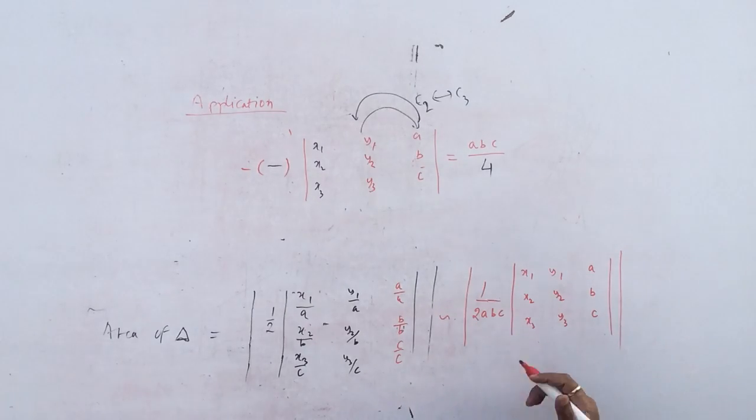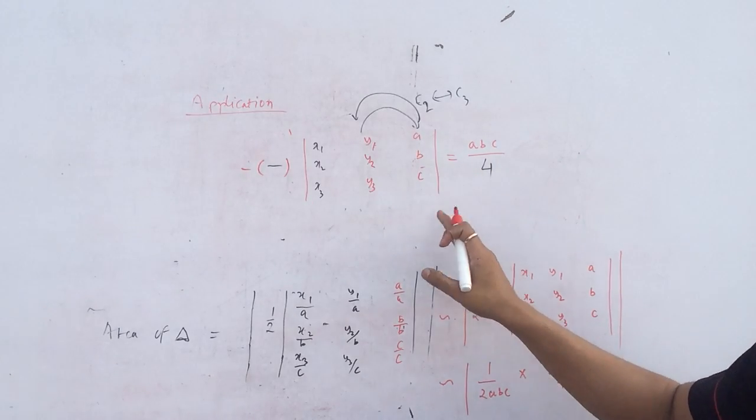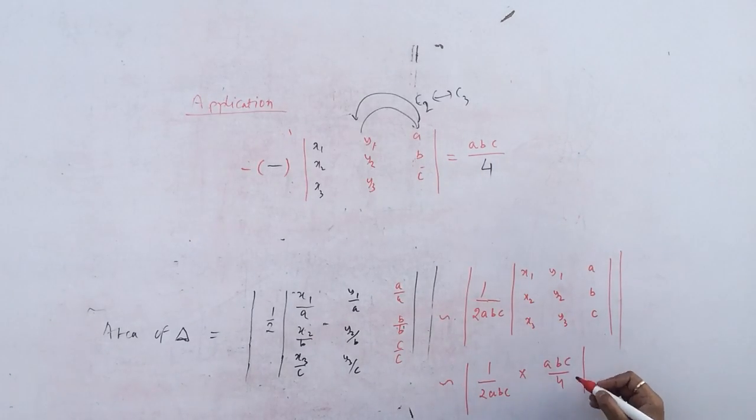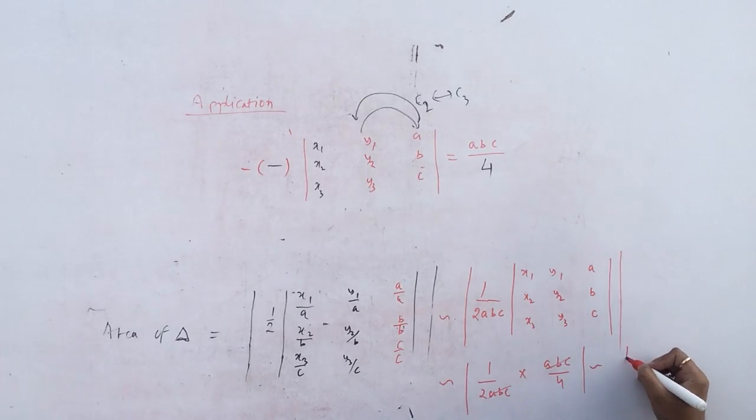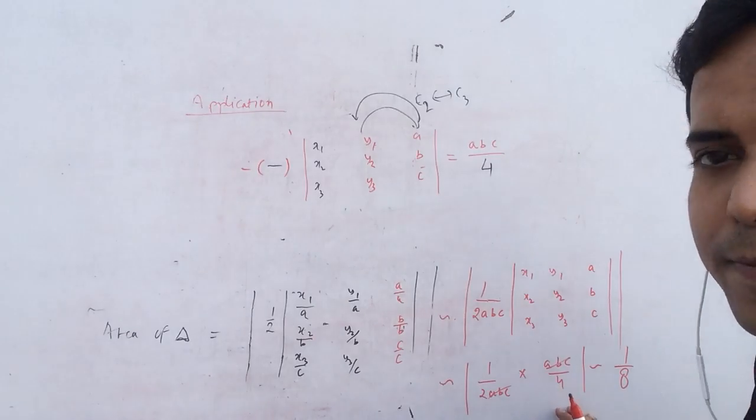So this value will become A B C upon 4. When you solve this, you would get the answer as 1 upon 8. So 1 upon 8 is the answer.